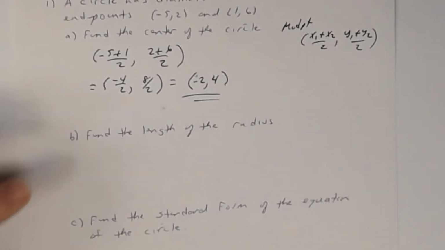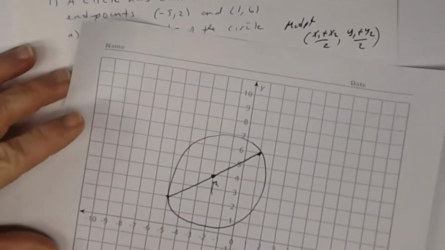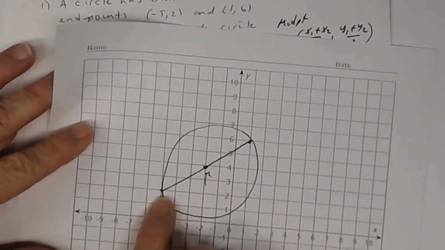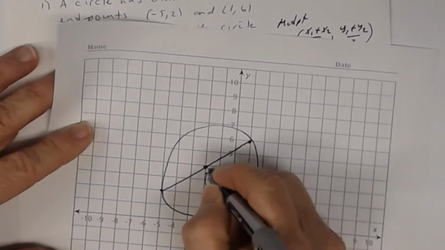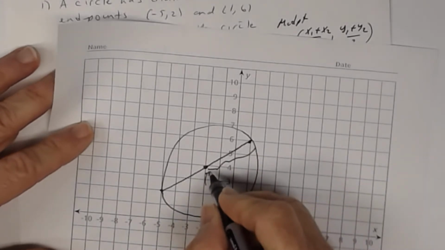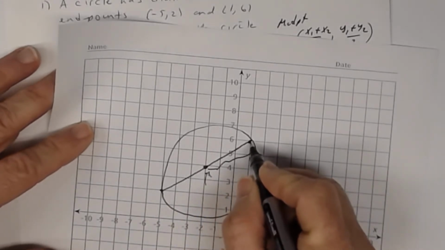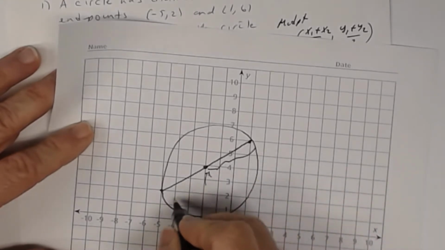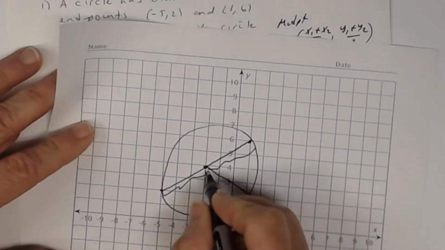Now part B, they want you to find the length of the radius. Well, remember, this is the diameter, right? And remember the radius is from the center to a point on the circle. So that's a radius, that's a radius. There are an infinite number of radii.